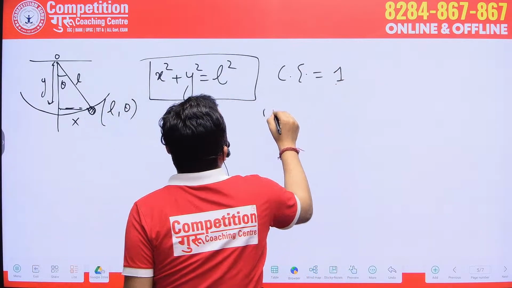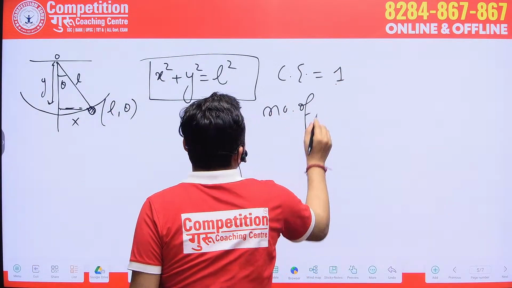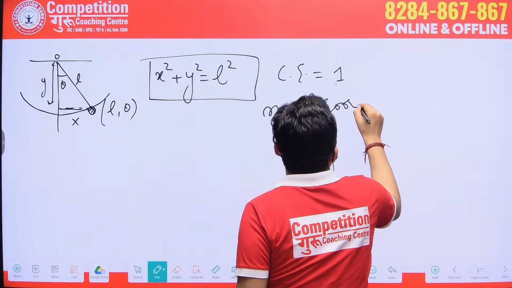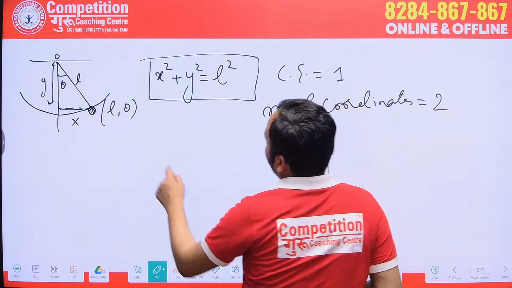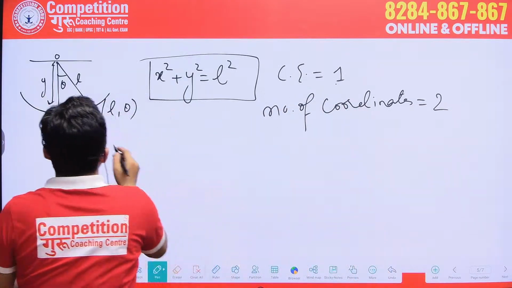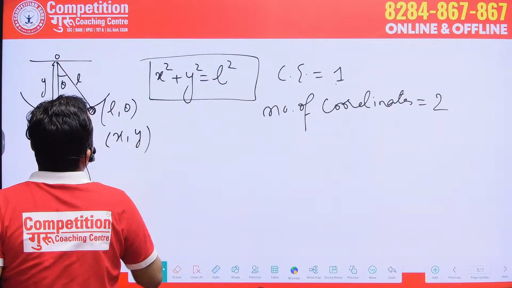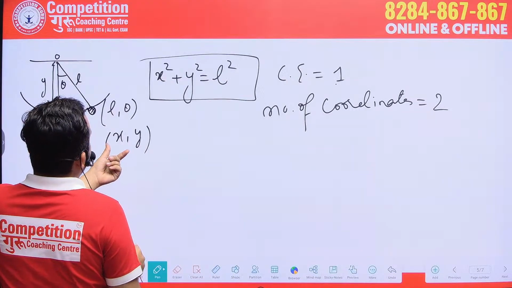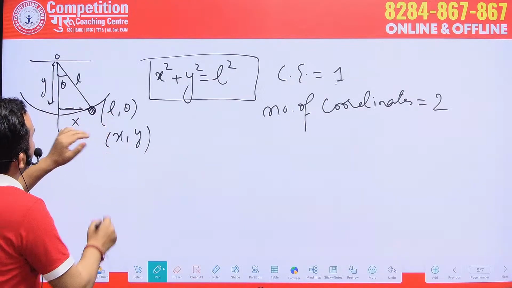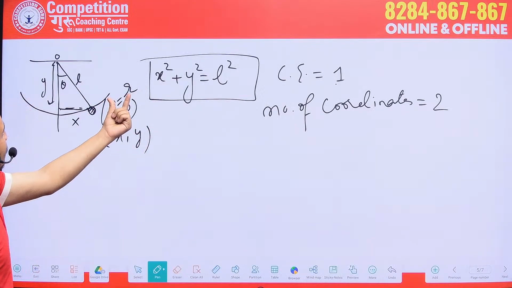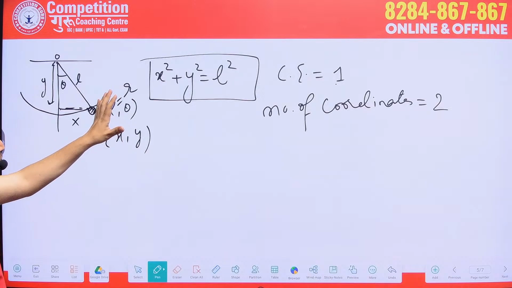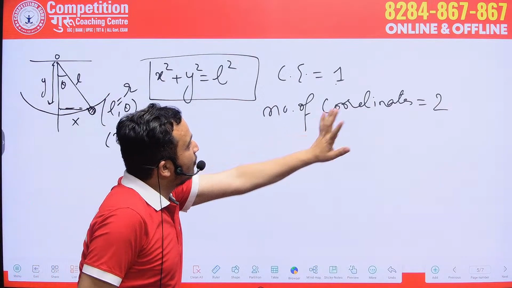And the number of coordinates is 2: x or y, or L or theta. Here L is actually R, which in the general case would vary, but R is equal to L, it is constant. So the number of coordinates will be 2.